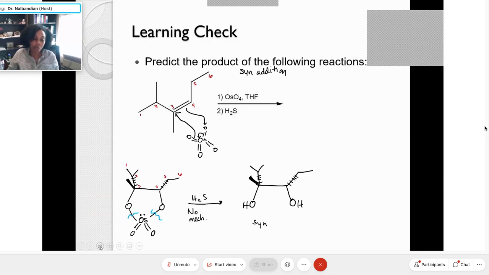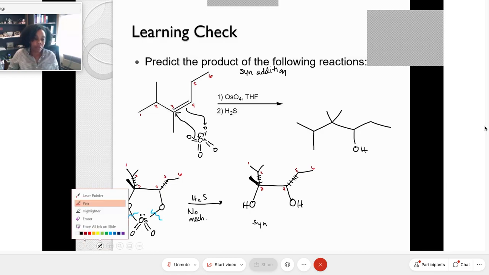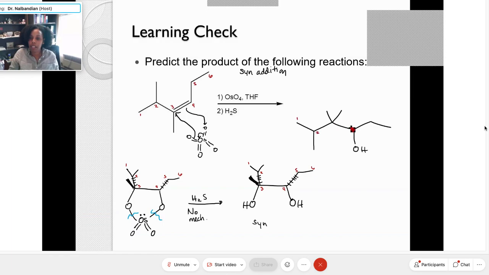But now we need to rotate this just like we did before in order to get all of our carbons, 1 through 6, in the plane. So same as before, we need to do some rotations around these bonds.